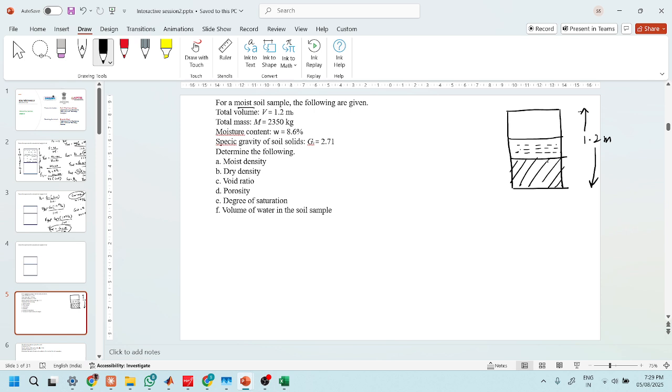Total mass, that is, total volume is 1.2 cubic meters. Total mass equals mass of solid plus mass of water. This equals 2350 kg.